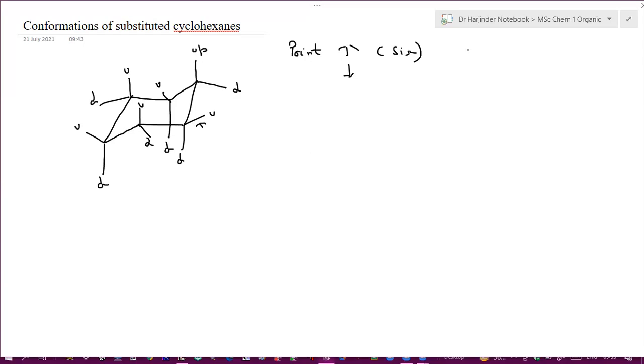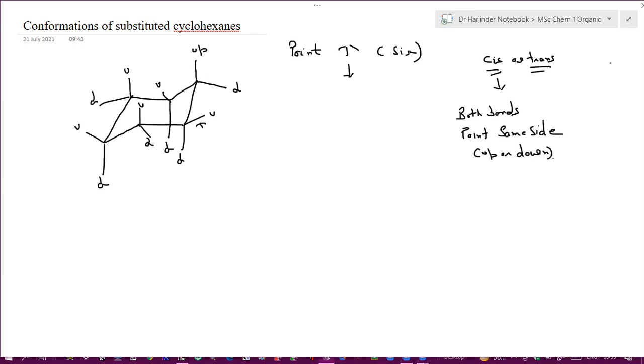Now, if you look at geometrical isomers in these cyclohexanes, there may be geometrical isomers, that is cis or trans. As we have discussed previously many times, it will be cis in cyclohexane when both bonds point to the same side, that is either up or down.